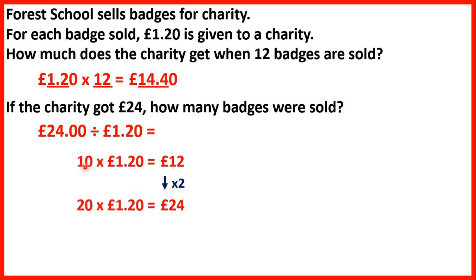So if we multiply 10 by 2, that tells us that 20 badges were sold. Remember, with division, it might be confusing to divide £24 by £1.20, but we can count up in steps of £1.20 until we get to £24. So we know that 20 badges were sold.